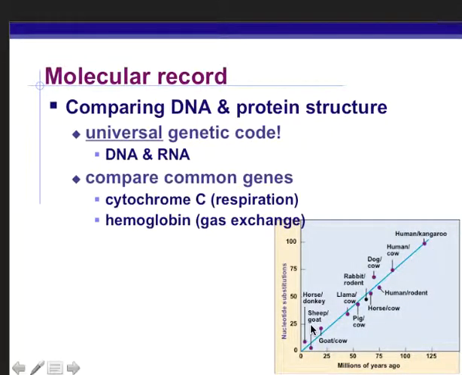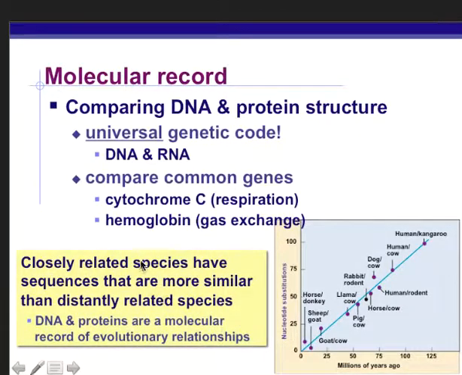And this is the millions of years ago along the bottom axis of this graph versus the nucleotide substitutions. What this is showing is that closely related species have sequences that are more similar than distantly related species.